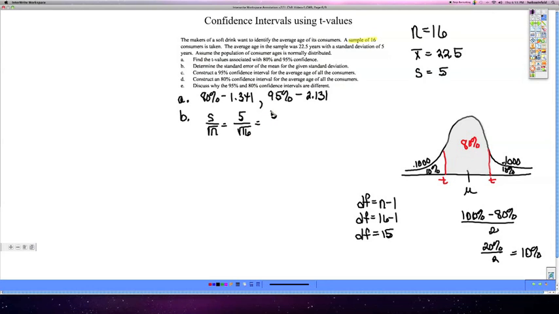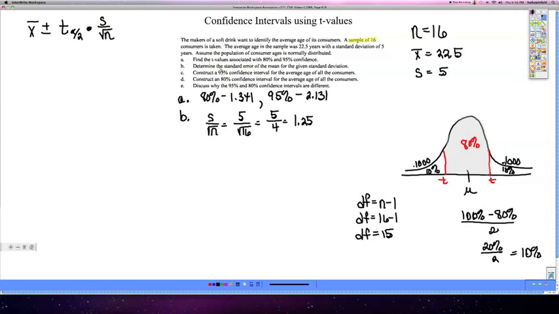So it's 5 over 4, which is 1.25. And of course, the formula we'll be using is the sample mean plus or minus the t-score times the standard deviation divided by the square root of n.